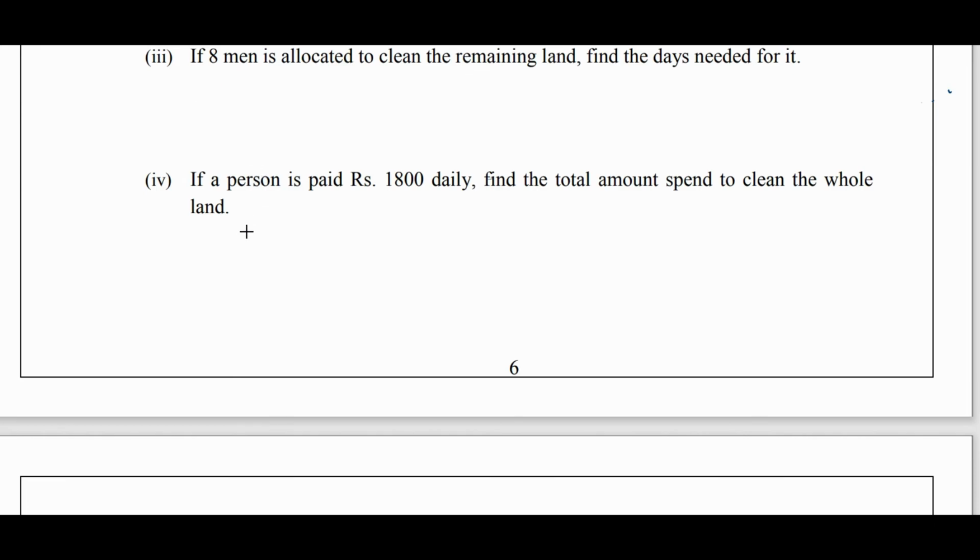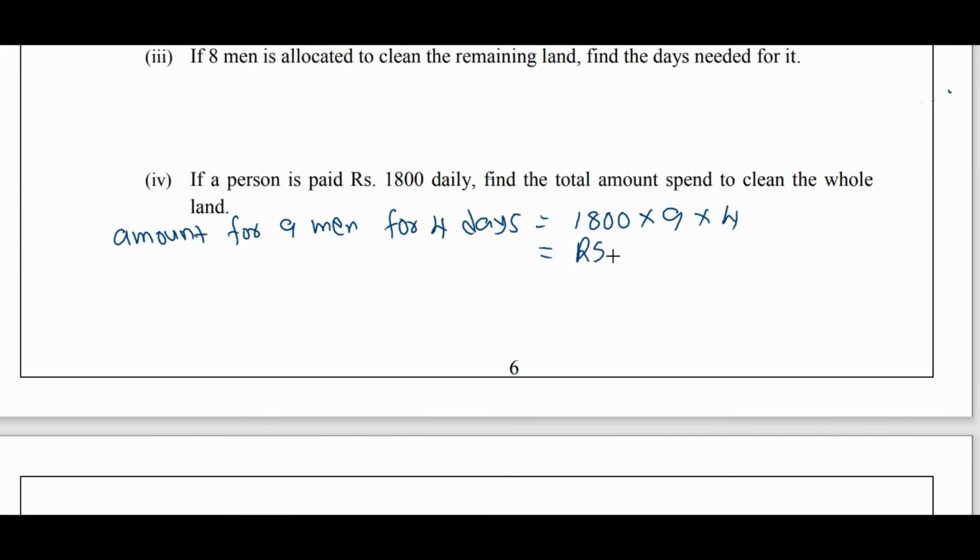First, the amount for 9 men for 4 days. This will be 1800 rupees per person, and there were 9 men, so this should be multiplied by 9, and there were 4 days, so multiplied by 4, which is rupees 64,800.